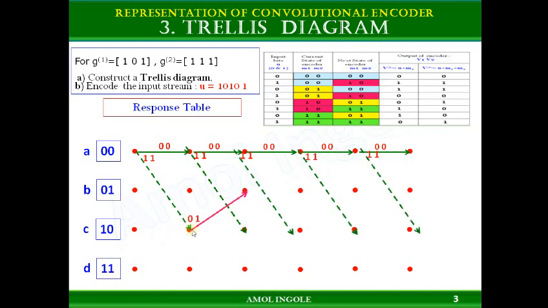From the 10 state to the 01 state. This is our 01 state. And 0 input is given, so I'm showing this with a darker line with output 01. You can see this output 01. The same thing can be shown for all the remaining time steps from this time step onward.